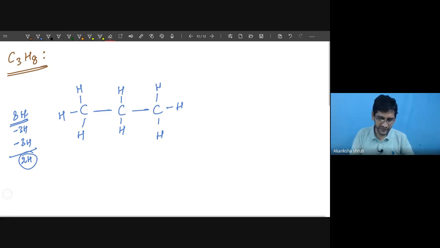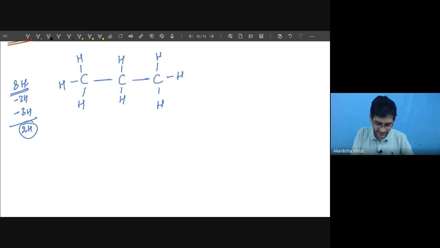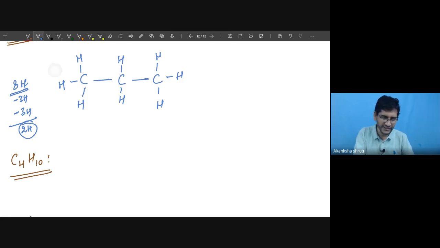C4H10. How to draw it? So students, this organic chemistry, or this chapter, carbon and its compounds, is like mathematics. So you have to understand it like that. So C4 and H10, what could it be? Students, very simple. Take the 4 carbon.